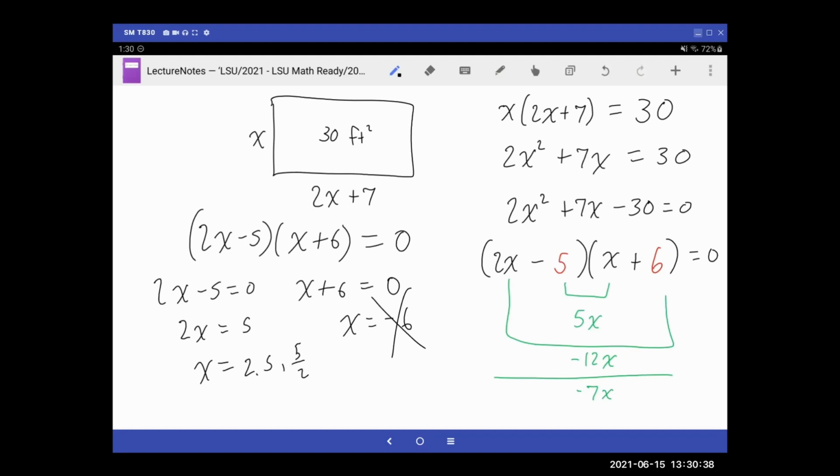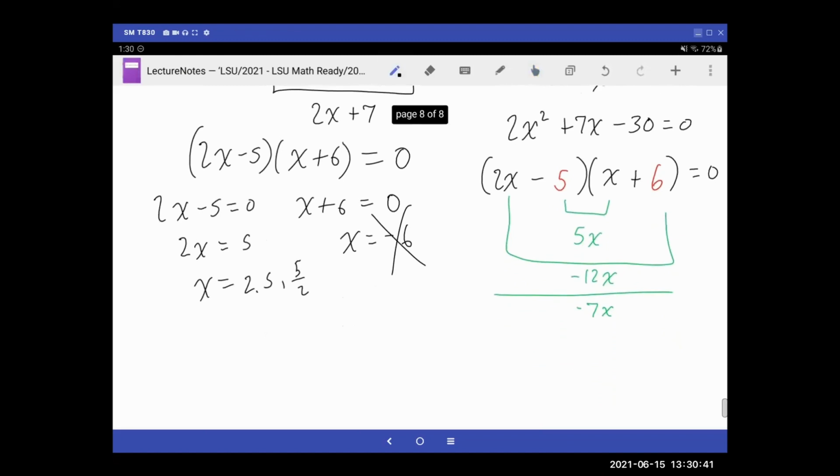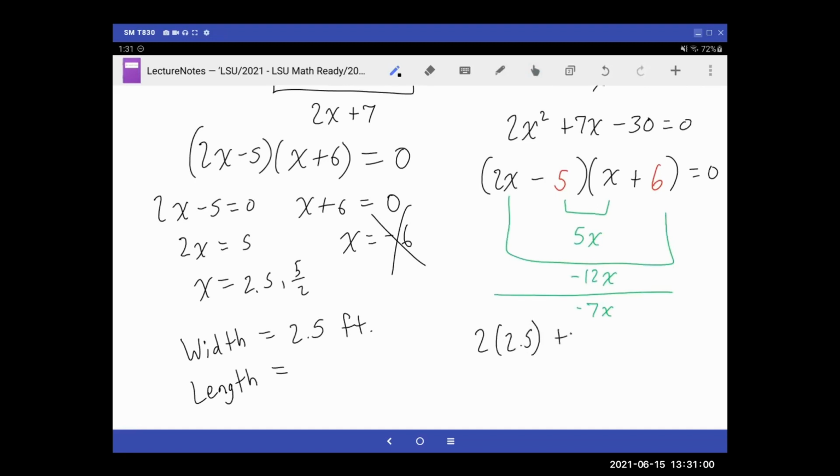So the width is 2.5. The length, what's the length going to be? Well, remember, it's 7 more than twice the width. So twice the width plus 7. That's 5 plus 7.